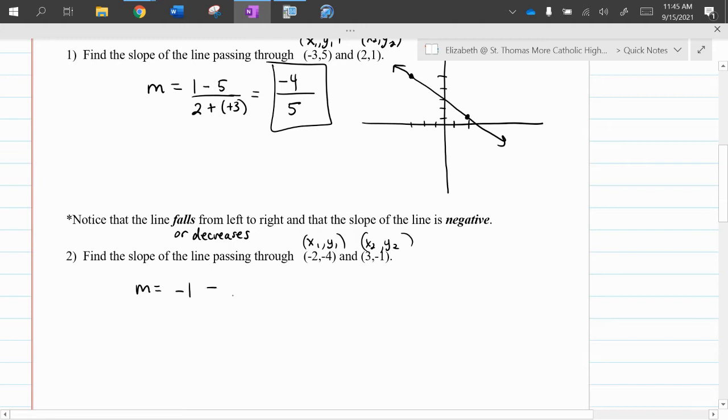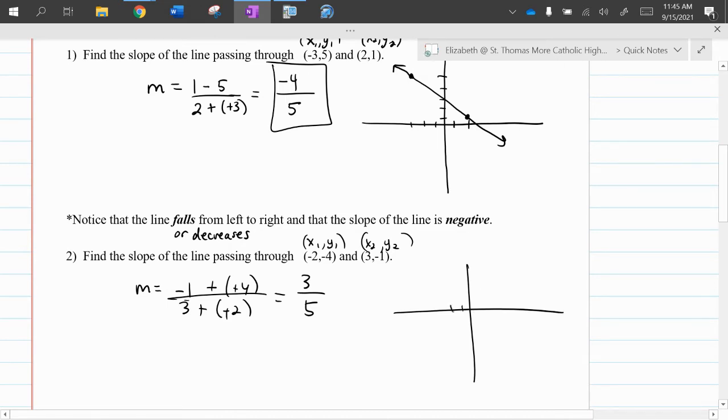So y2, negative 1, minus y1, which is negative 4, divided by x2, which is 3, minus x1, which is negative 2. So minus a negative becomes plus, so we have negative 1 plus 4, which is 3, and I have minus a negative again. 3 plus 2 is 5. So the slope of the line that passes through these 2 points is 3/5.